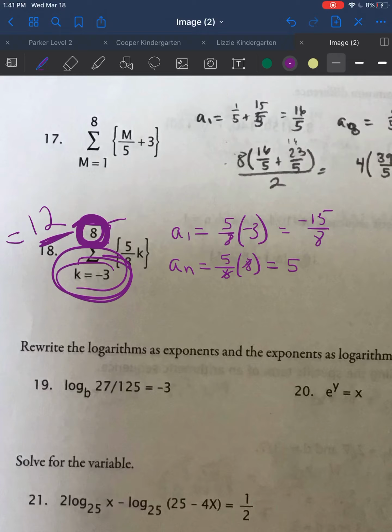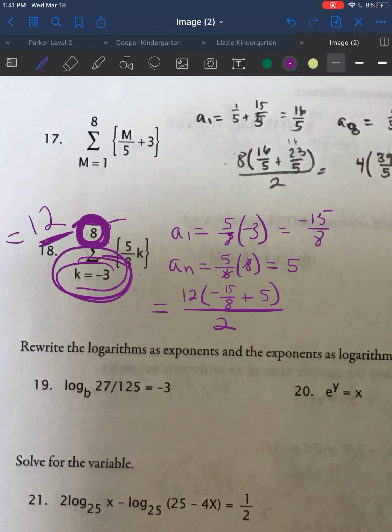Hopefully that clarifies the difference between those. So in our formula, we have n, the number of terms, which is 12. The value of the first term is -15/8. The value of the last term is 5.